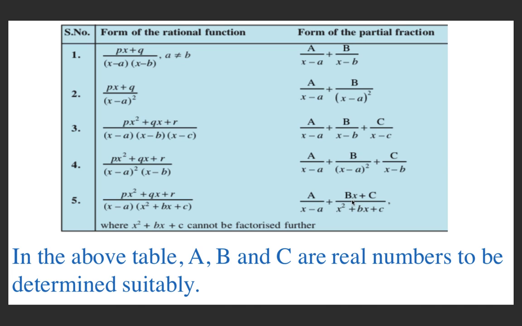And here, this is the quadratic factor which cannot be factorized. If we can factorize it, then we can write it in the form of two linear factors, and in that case we will write like that. But if we cannot factorize this quadratic factor, then we write (Bx + C) upon (x² + bx + c). Here all A, B and C are real numbers which we will determine according to our given question.